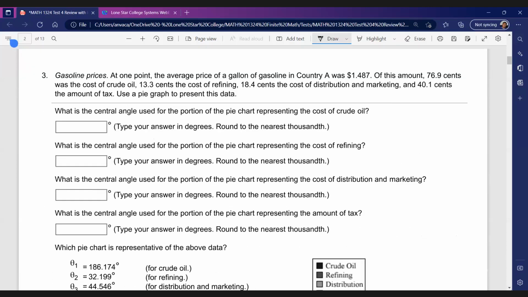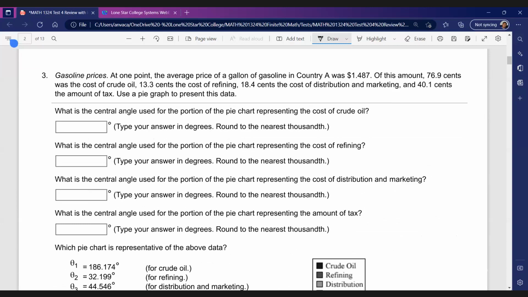It says gasoline prices. At one point, the average price of a gallon of gasoline in country A was $1.487.